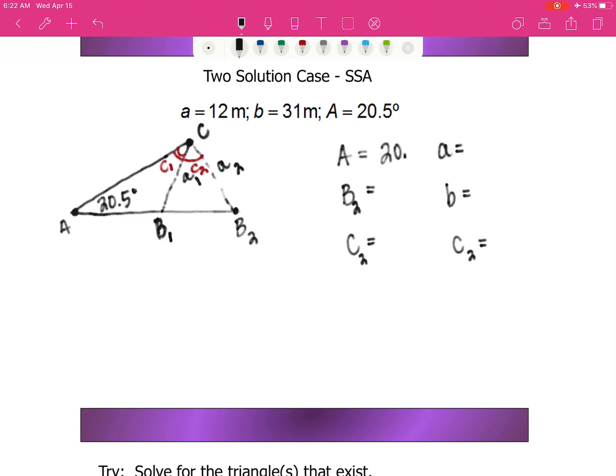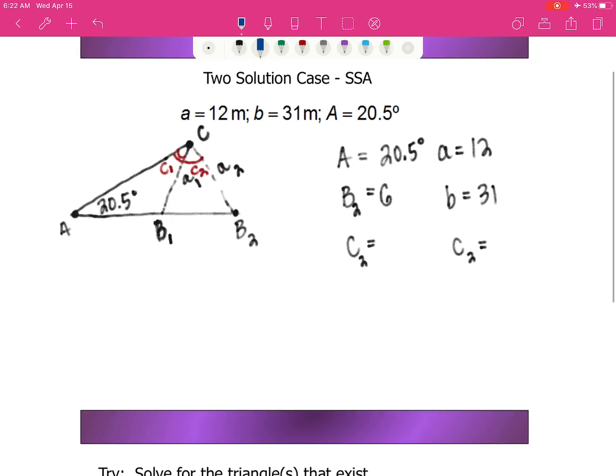So I got 20.5 degrees, which was given, 31 was given, and 12 was given, and B2 was 64.8 degrees, C2 was 94.7 degrees, and side C2 is 34.1. The biggest side is across from the biggest angle. The smallest side is across from the smallest angle.